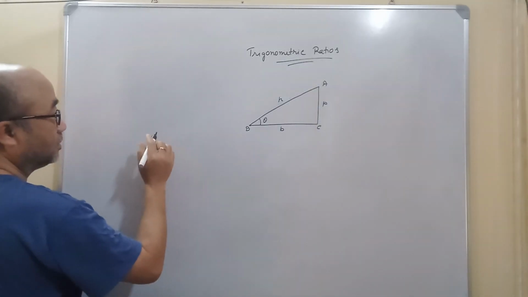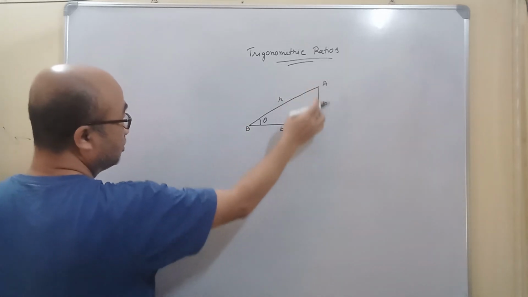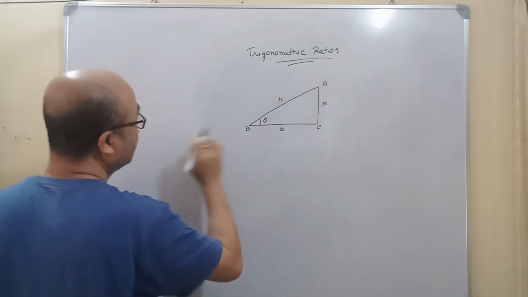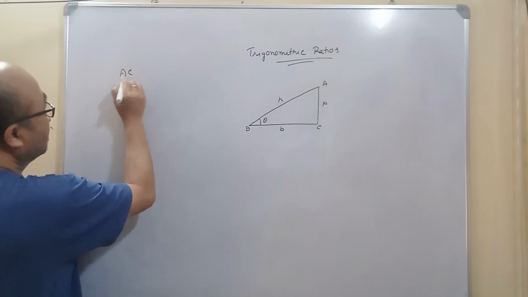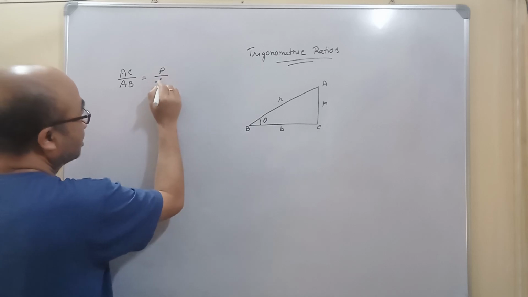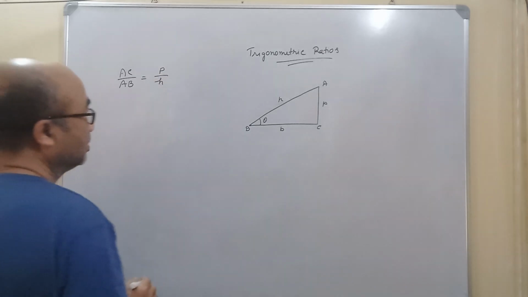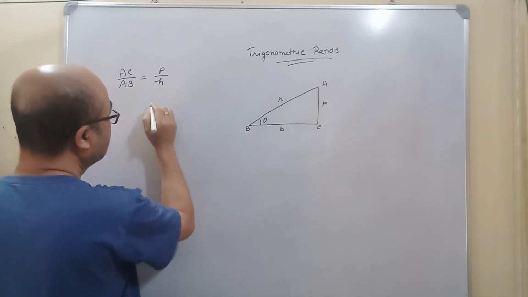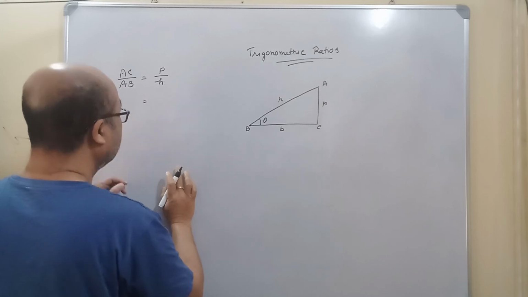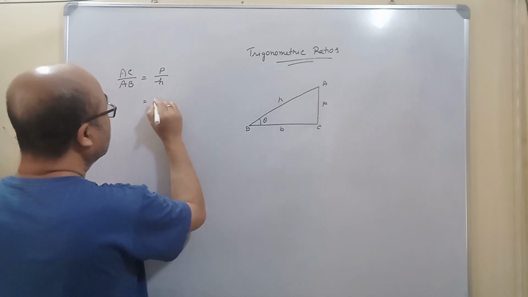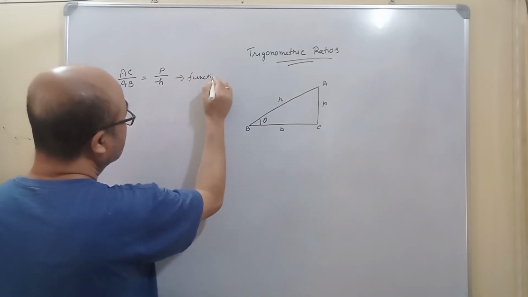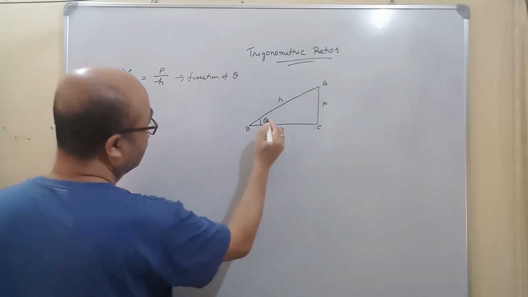So the ratio AC by AB, sorry, AC by AB is perpendicular by hypotenuse. This ratio is a function of theta, this angle.